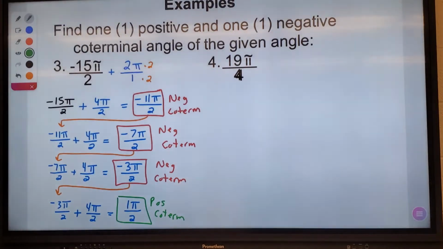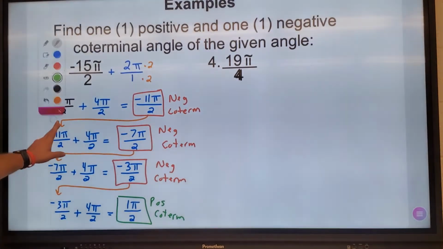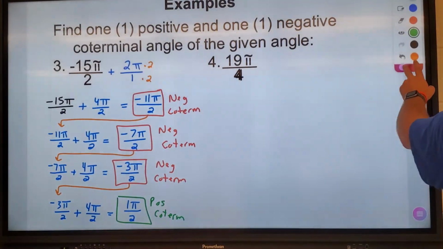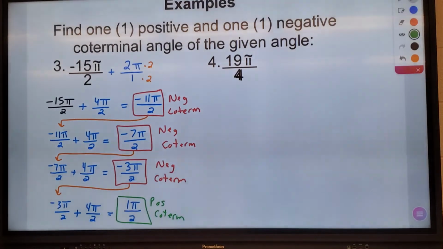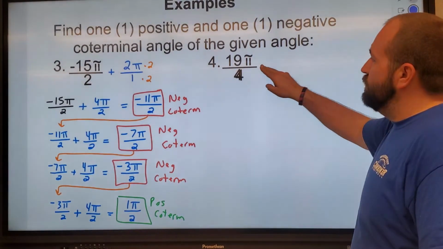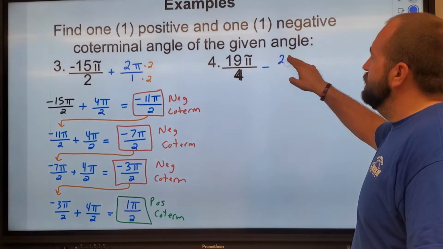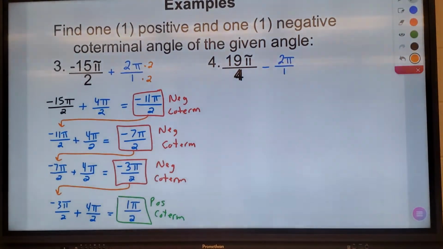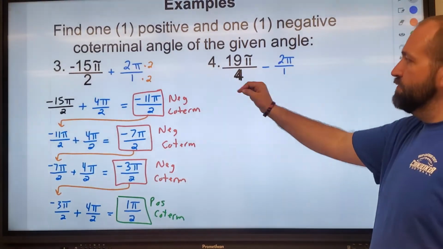On number 4, the last one here, we're going to look at the fact that it's a positive, and it's a large enough positive that I can subtract 2 pi. When I subtract 2 pi, I'm going to do similar to what I did over there. I'm going to subtract and I'll put 2 pi over 1. I need a common denominator here because the denominator here is 4.